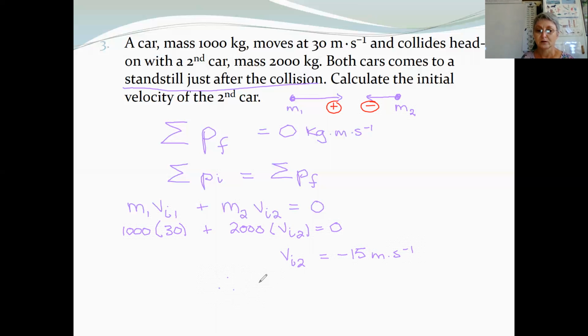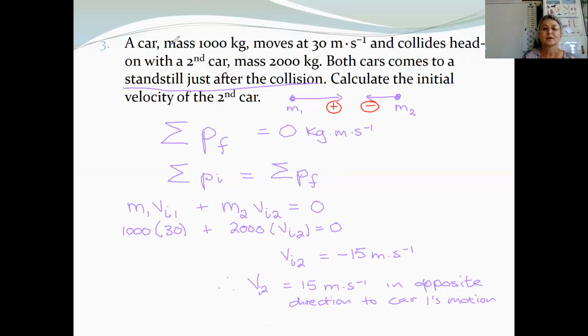After calculating the value and finding it negative, we need to say car 2's initial velocity is 15 meters per second in the opposite direction to car 1's motion. Or we could say towards car 1.